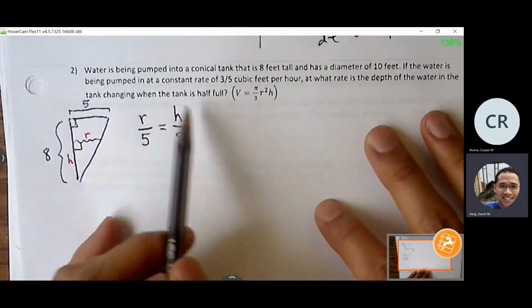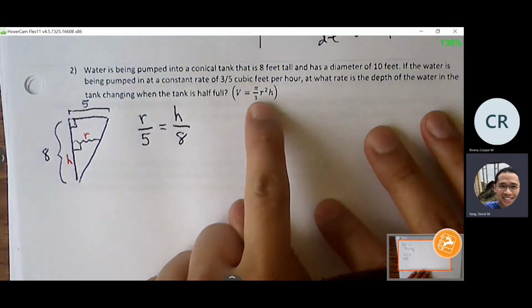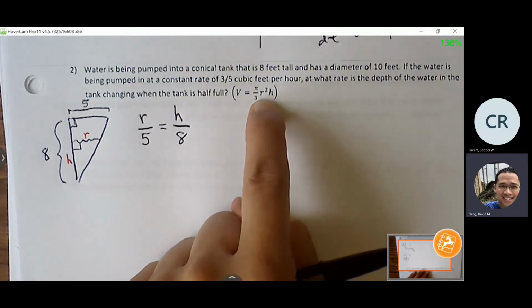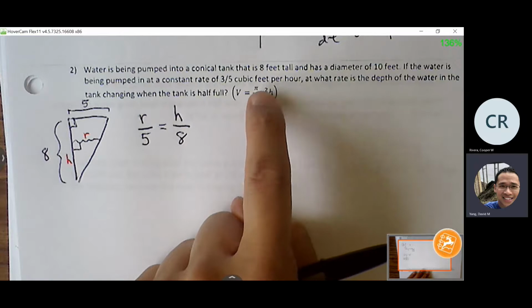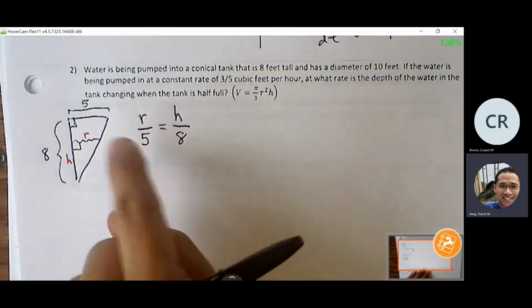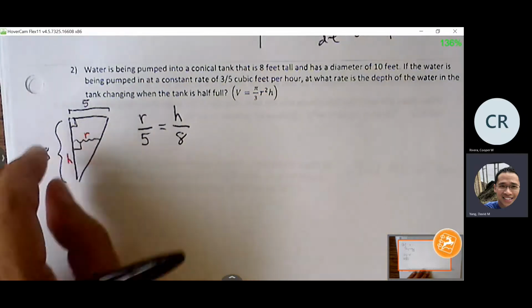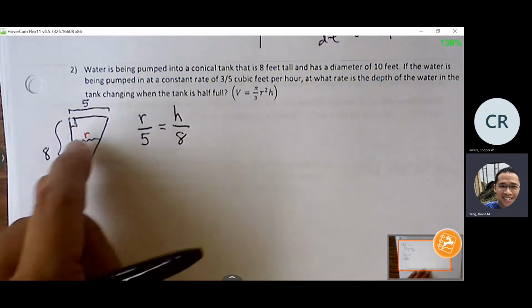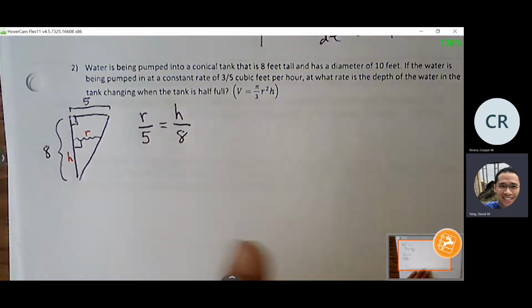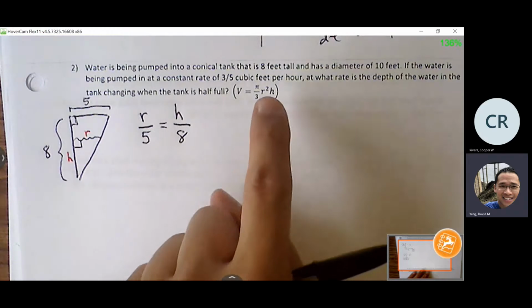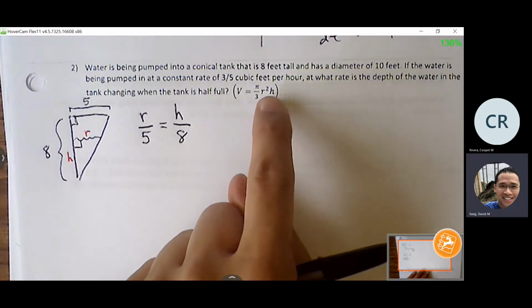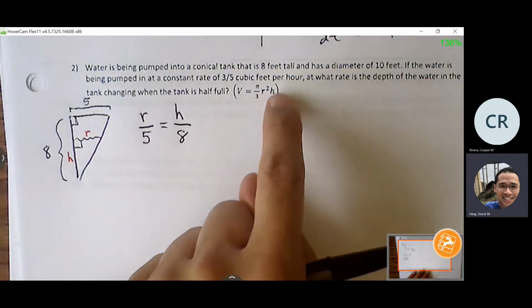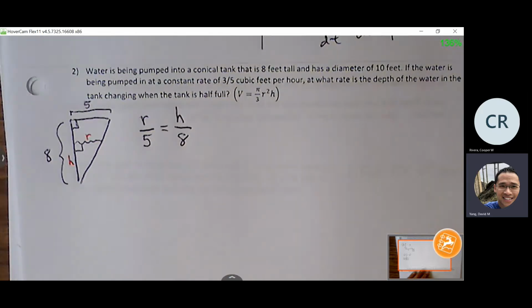Okay, the reason why we have to do this is because if we look at the volume equation, as water is being pumped in, we expect that radius to be changing, we expect the height to be changing. We can't replace any variable with any number because it's continually changing. So the best that we can do is to replace one variable with the next in the hopes that we get this right side to be just in terms of one variable so that we can actually find the derivative and have enough information to plug in for all the missing variables.